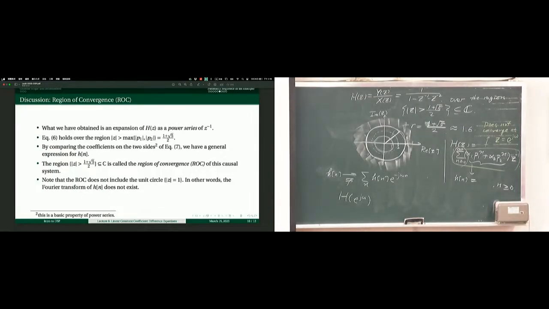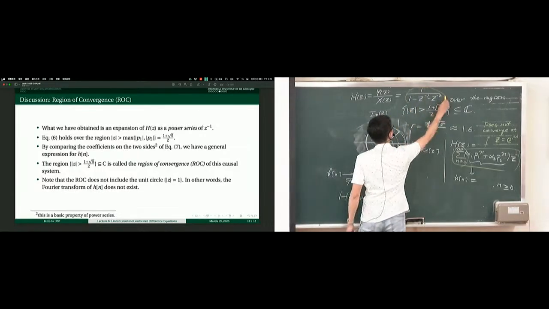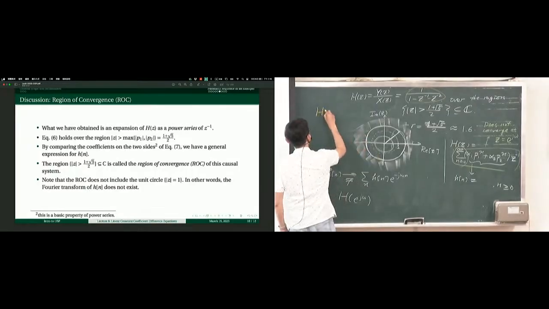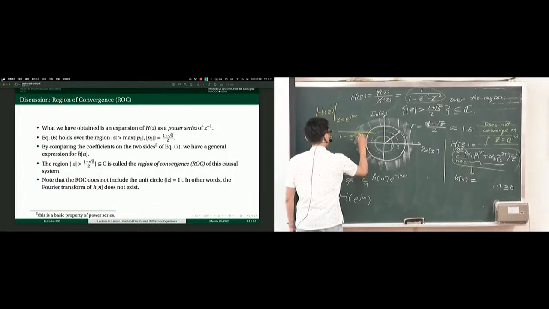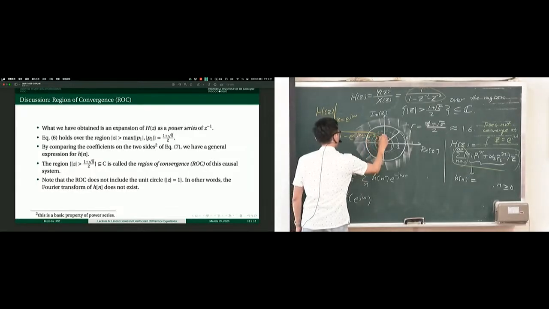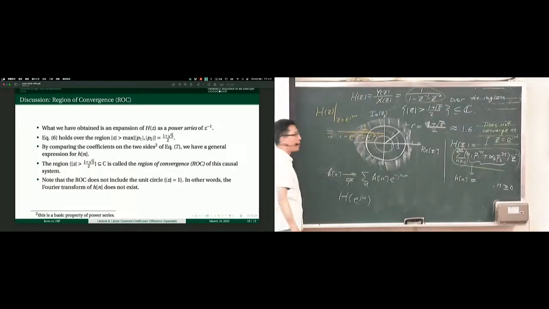It's funny that if you write H(z) in this expression, and you try to evaluate H(z) on the unit circle, put a question mark, you can still come up with this idea. And everything looks fine. This is a more tricky question.